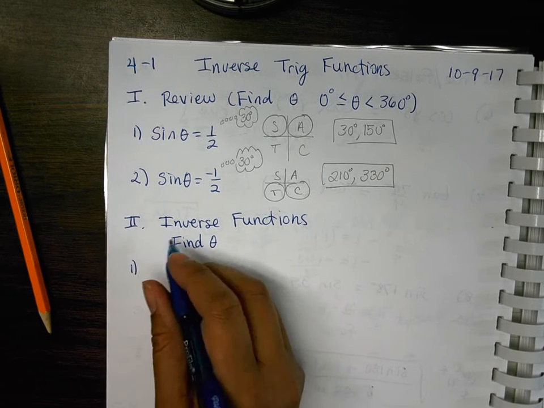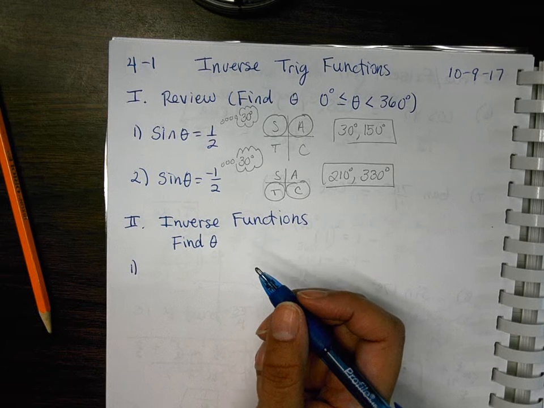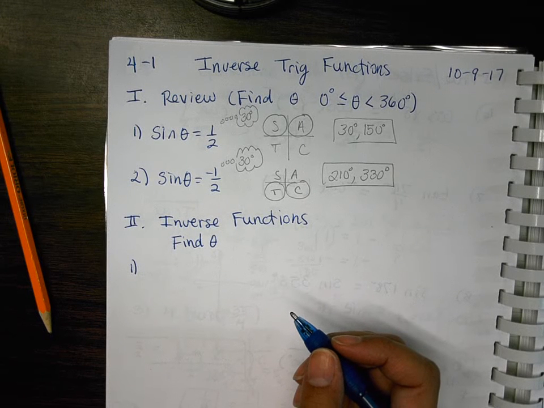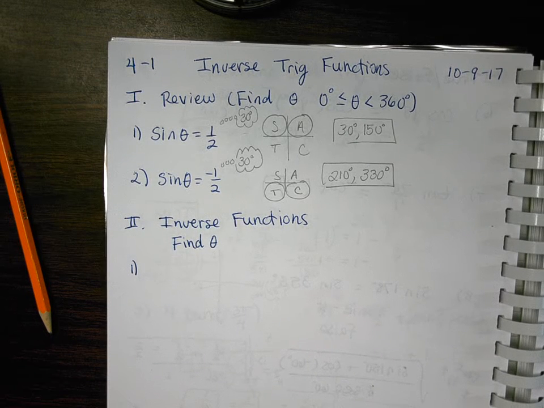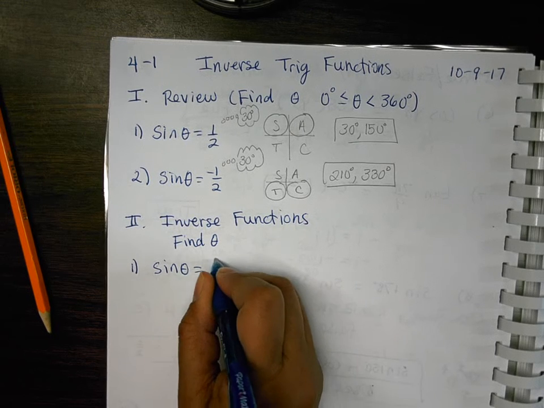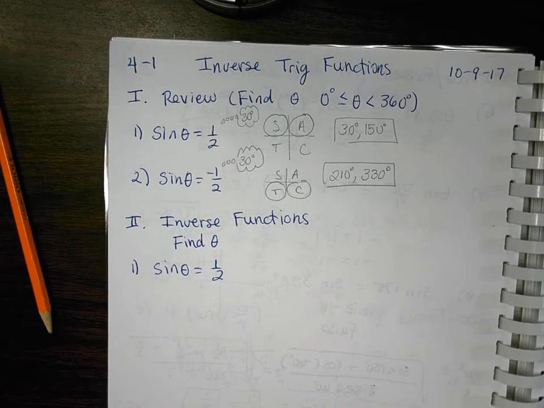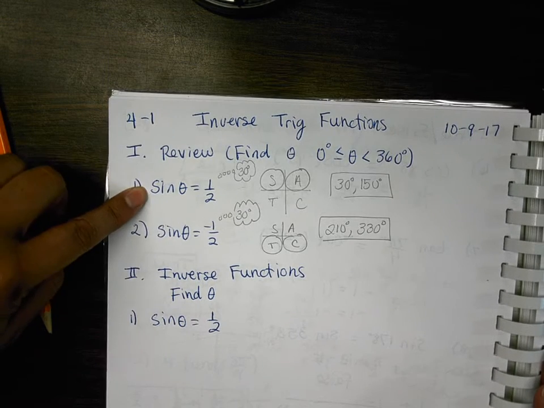Number 1. Sine of theta equals 1/2, and I do have a restriction for you, so write this down for now. Did we not just do this problem up here?